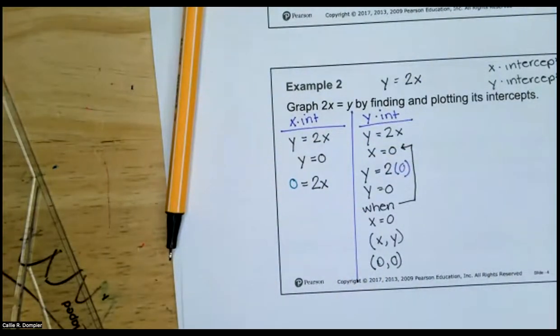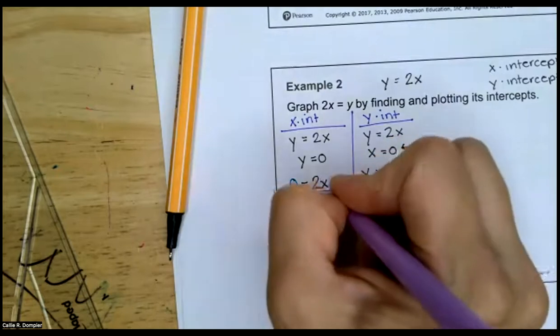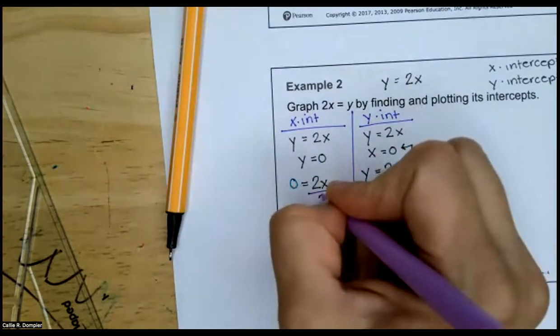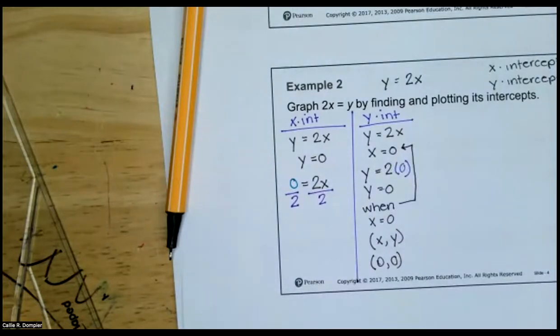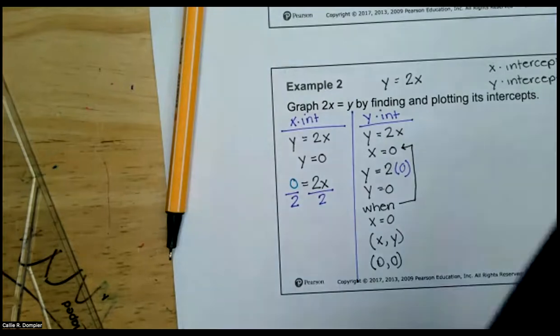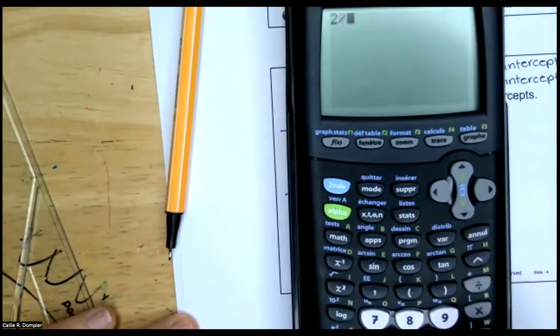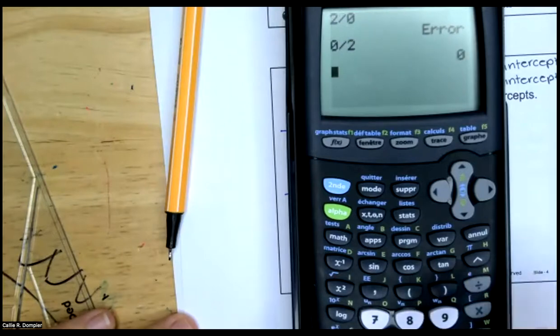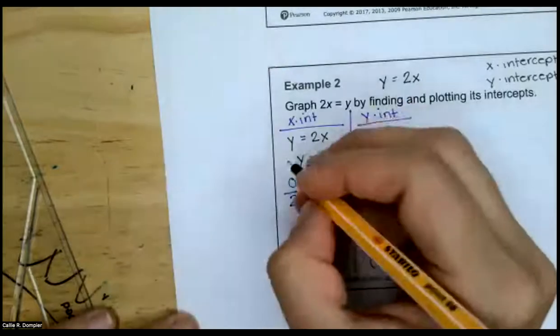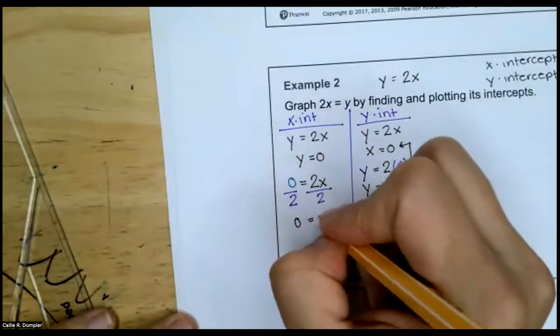I still need to solve for x, okay? X is being multiplied by 2, so I'm going to divide it by 2. Just because it's 0 doesn't mean we stop doing math to it. Your calculator will tell you when you can't do math with 0, okay? If it was 2 divided by 0, that would be a problem. But 0 divided by 2 is okay. 0 divided by 2 just takes us to 0.